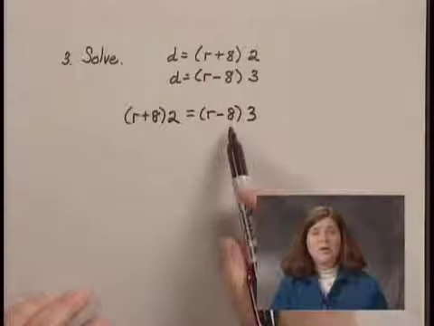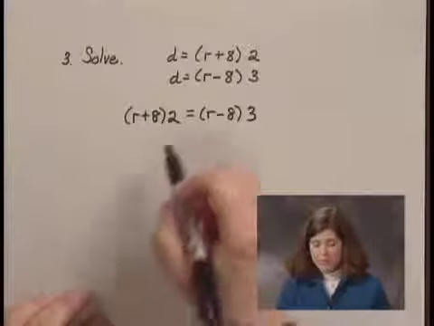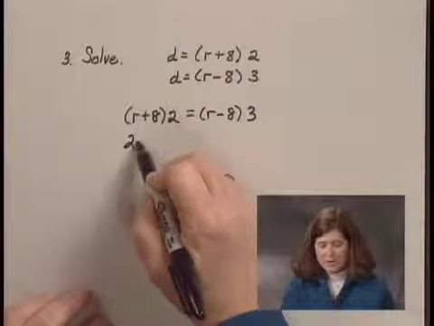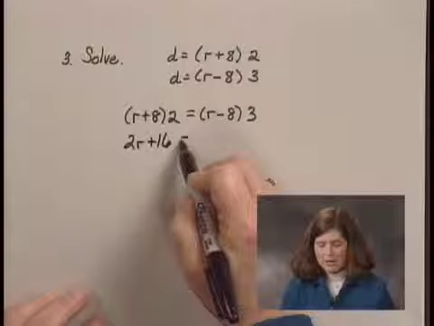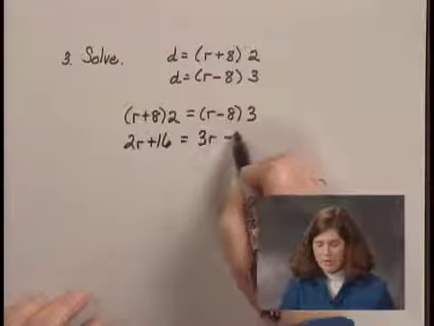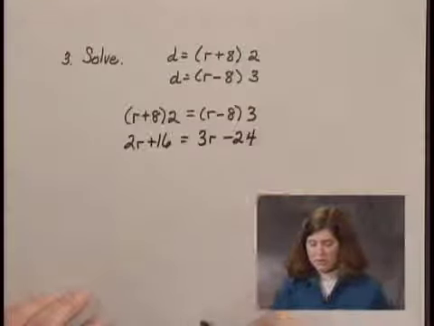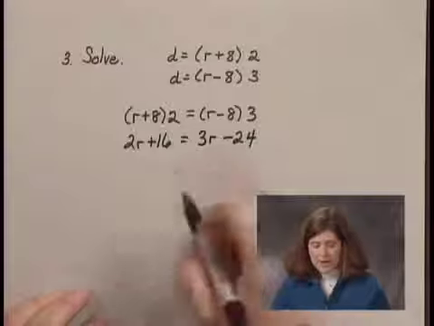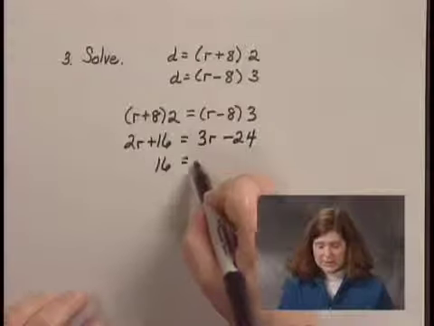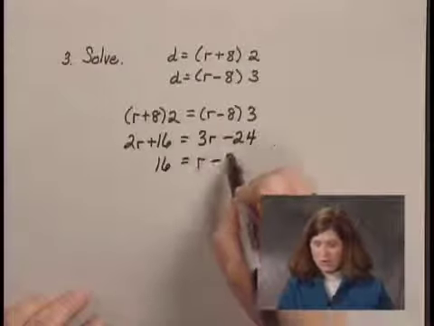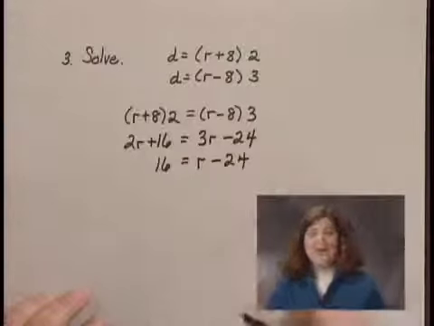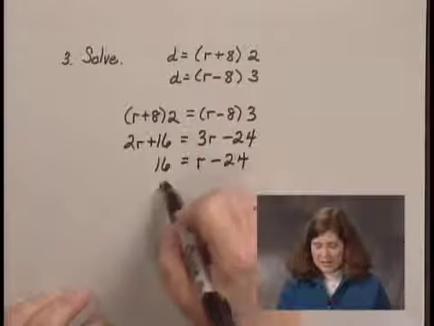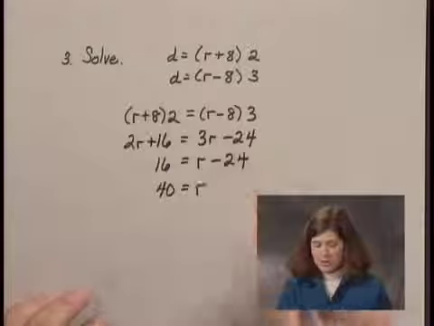Now I have an equation with just R in it. To solve, I multiply. I get 2R plus 16 equals 3R minus 24. I subtract 2R from both sides and I get 16 equals R minus 24. And I add 24 to both sides to get that 40 equals R.